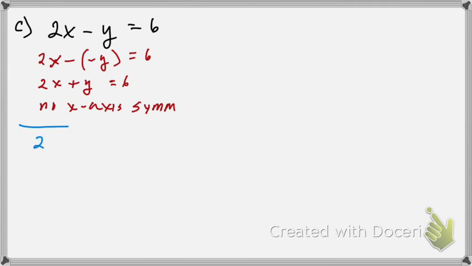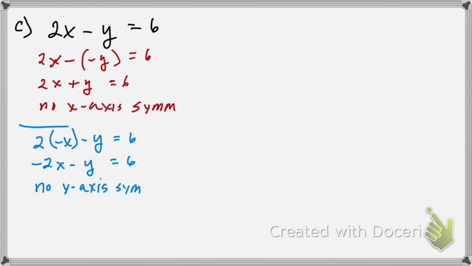So I've got 2 times negative x minus y equals 6. So I've got negative 2x minus y equals 6. Now that's not what we started with, so no y-axis. Here's a picture.